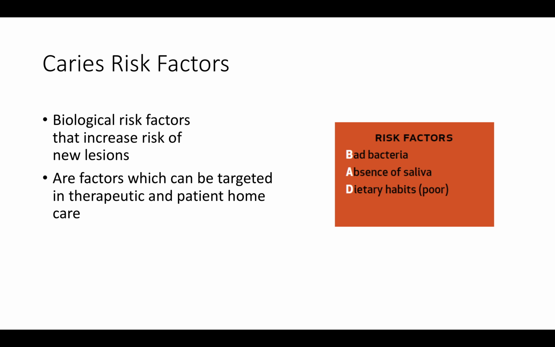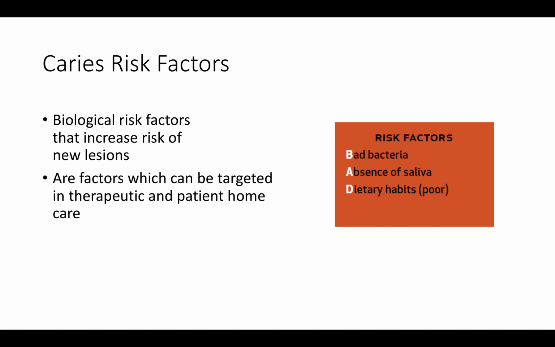We're also interested in the risk factors. So these are biological factors that will increase the risk of new lesions developing. So these are things like the plaque biofilm, the health of saliva, and also the dietary habits.